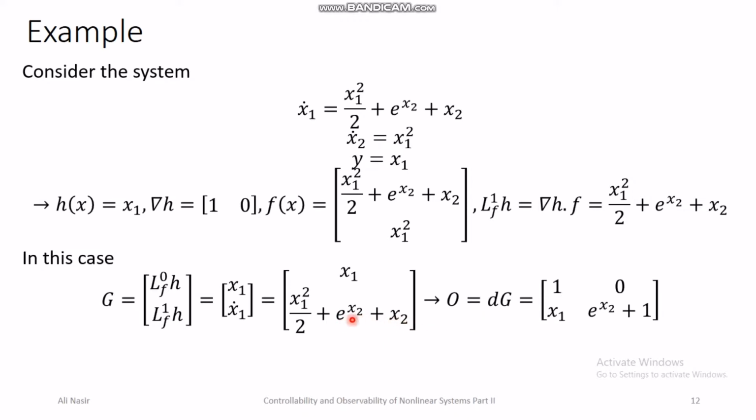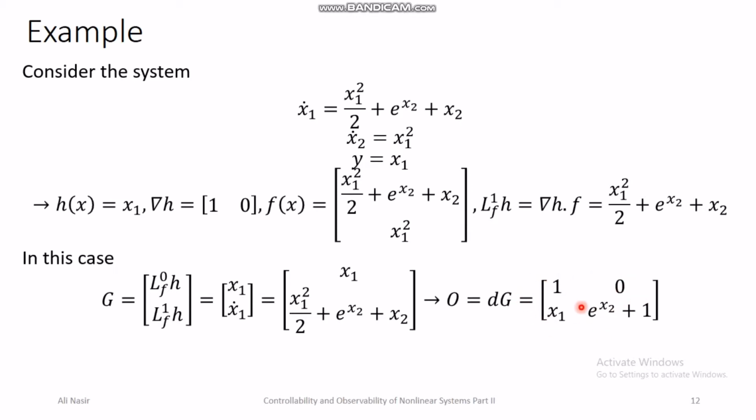So the whole thing is simply x1. Similarly, the partial derivative with respect to x2 would be e to the power x2 plus 1. This dG is the gradient of G, which is the O matrix. Since there is no U function here, we don't have to define any U star, and since we are not evaluating it yet, we can evaluate this O matrix at any x0.